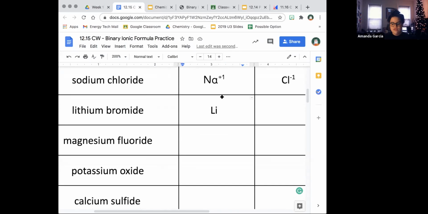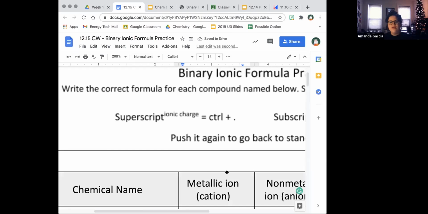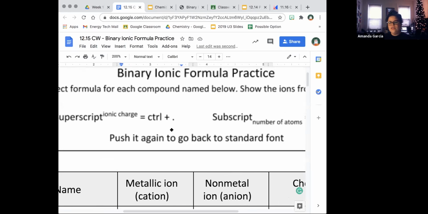To go back to the standard format, just hit Control period again. If you need to go to the subscript, it is Control comma, and that will take you down to the bottom. I encourage you to practice the superscript and subscript hotkeys because it will make typing in chemistry, remote learning that much easier. I have reminders of the hotkeys up here at the top.